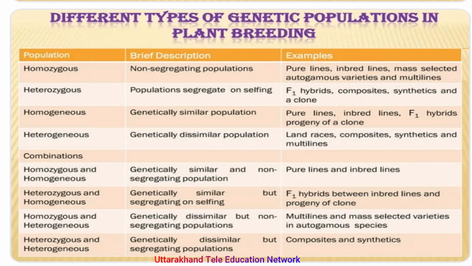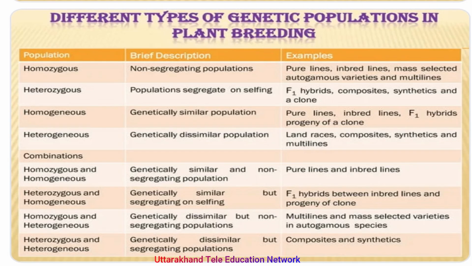Homogeneous: genetically similar population, that is pure line, inbred line, F1 hybrids, progeny of a clone. Heterogeneous: genetically dissimilar population, land races, composites, synthetics, and multilines.